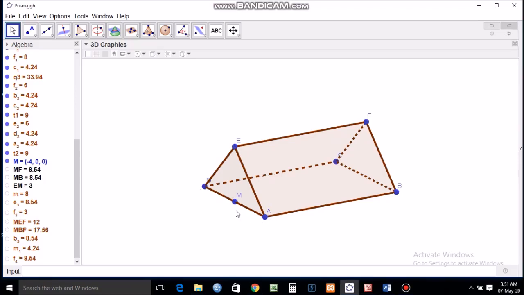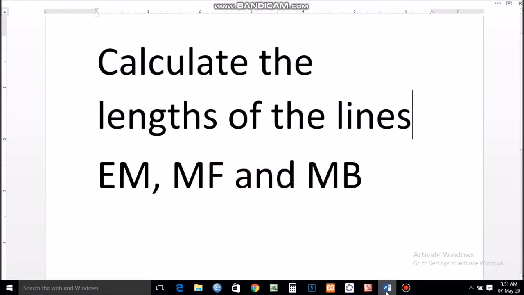DA is 6 centimeters. AB is 8 centimeters, and DE equals 4.24 centimeters. Now, using that information, I would like you to try the following.